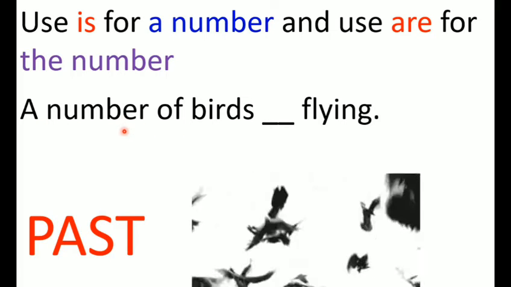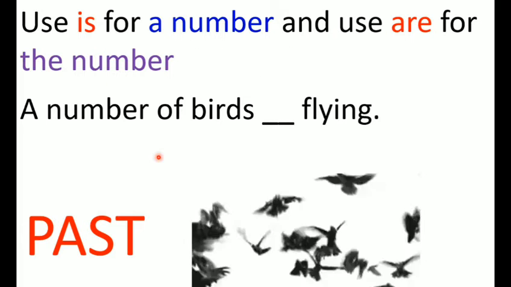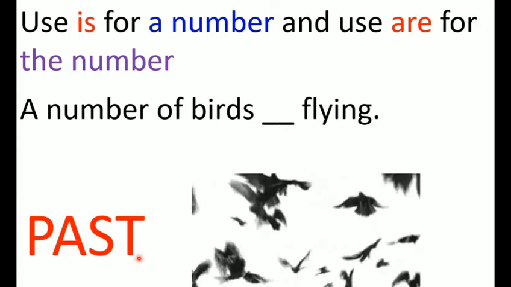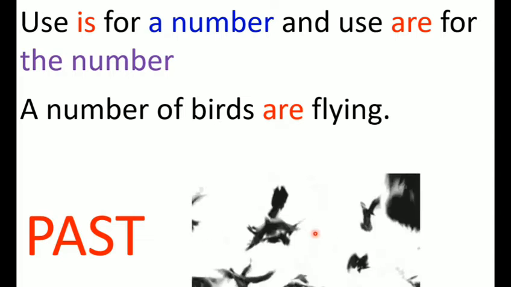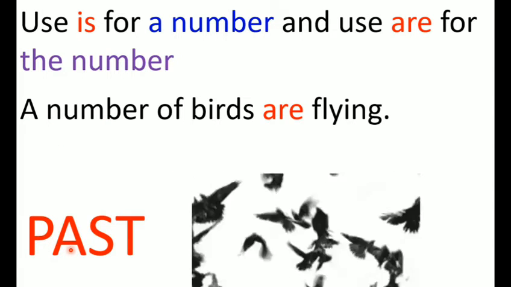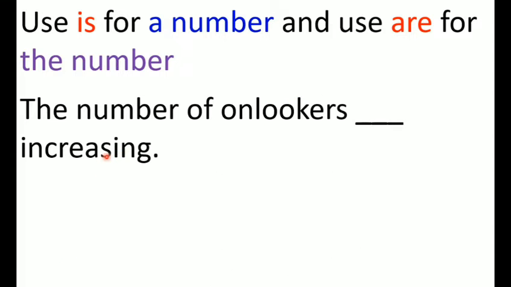Remember, use is for a number and use are for the number. And remember this acronym PAST. Plural a number, singular the number. Kaya dito, ang gagamitin natin ay are. Kasi ang a number ay plural. Plural a number.